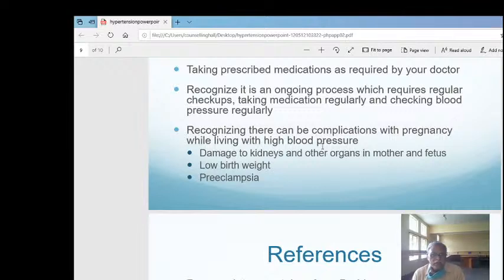By evaluating the patient's blood urea, blood sugar estimation, and serum creatinine especially, in concern with the involvement of the kidneys and the mother and fetus health of the baby, and low birth weight of the baby should be taken into consideration, and whether the patient has any preeclampsia to be ruled out in these patients.